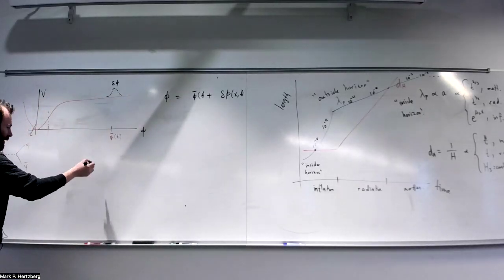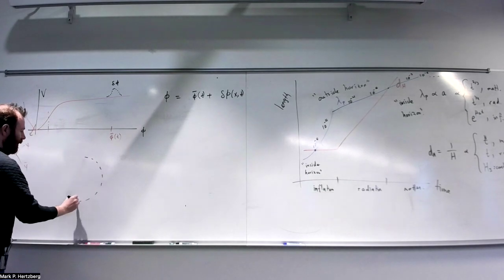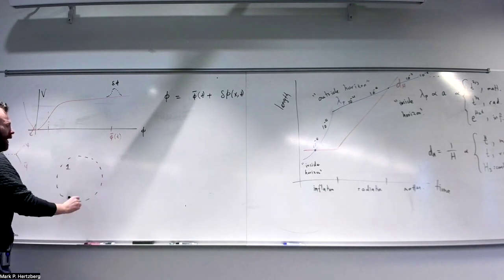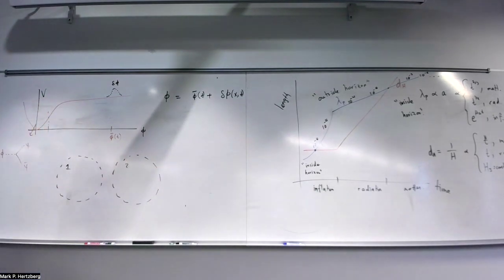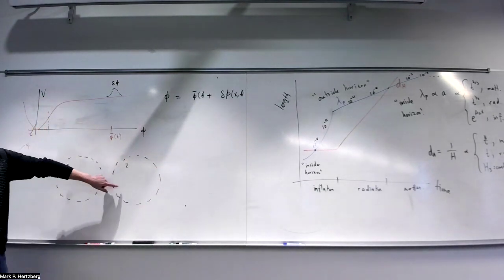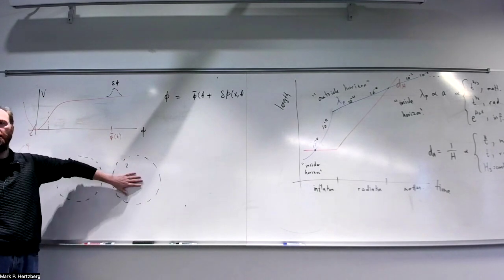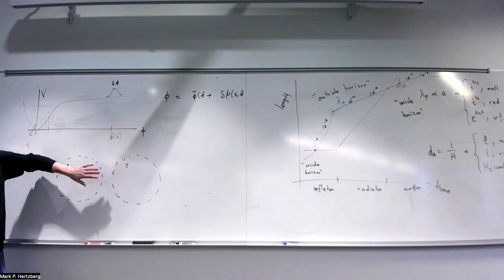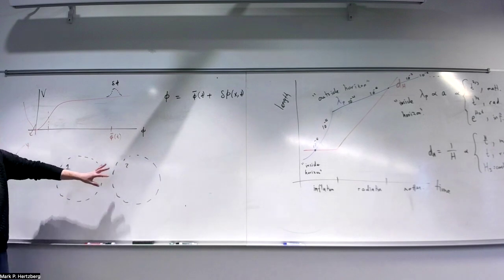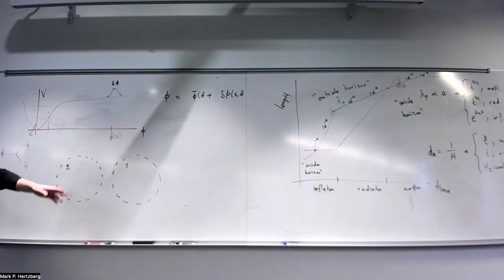So that means if you consider some random region of space, say region 1, and another region of space, region 2, the field value here is drawn from a Gaussian, and the field value there is drawn from a Gaussian. So they may take on different values. Typically, they deviate from one another by an amount of order delta phi, H over 2 pi.